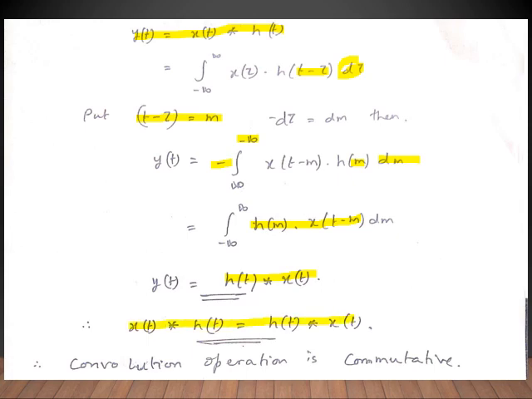So in both cases, whether convolution sum or convolution integral, the convolution operation is always commutative. Hence, with the help of the impulse response h of t or h of n, I observed this commutative property.